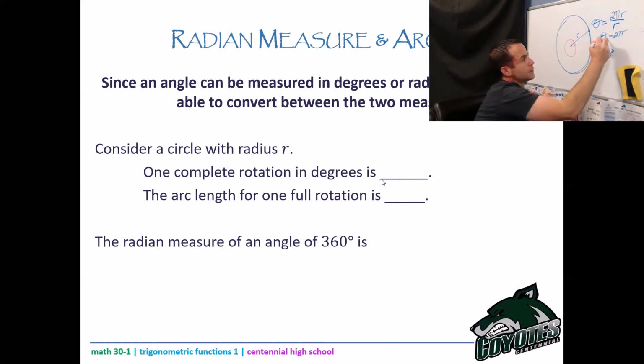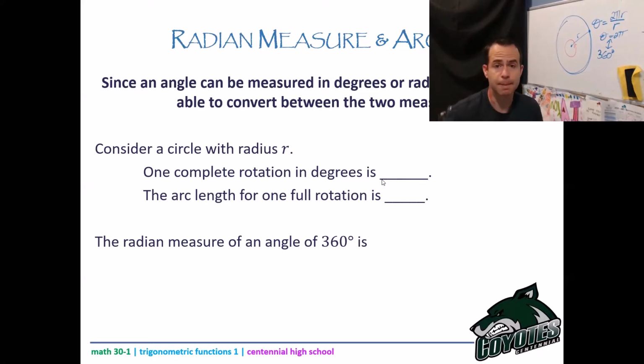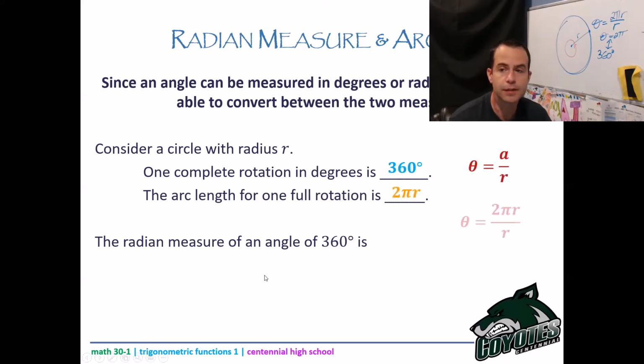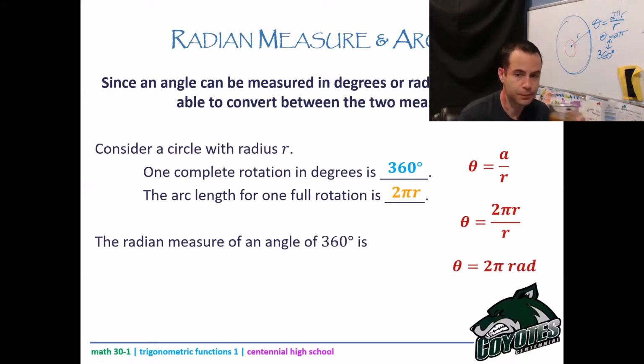So that tells me that 2 pi radians and 360 degrees is the same thing. One complete rotation in degrees is 360, the arc length is 2 pi r, so the radian measure is 2 pi radians.